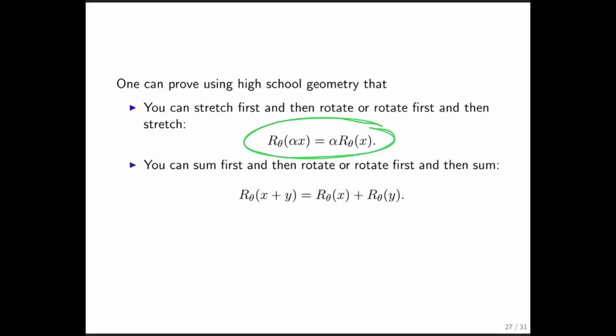Mathematically, we can denote that by this. Here we stretch x first and then we rotate. Here we rotate vector x first and then we stretch. Also, with high school geometry, you can show that if you add the vectors first and then you rotate, you get exactly the same answer as if you rotated x first, rotated y, and then added the results of those together.